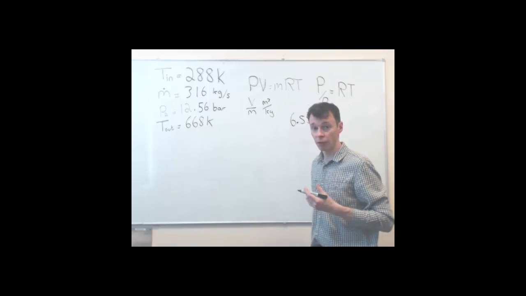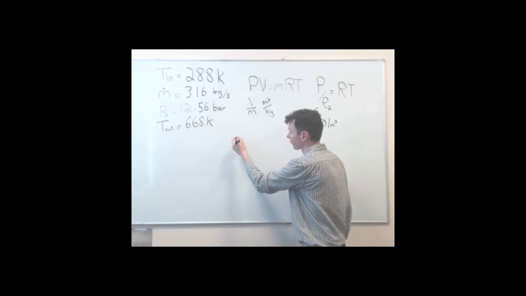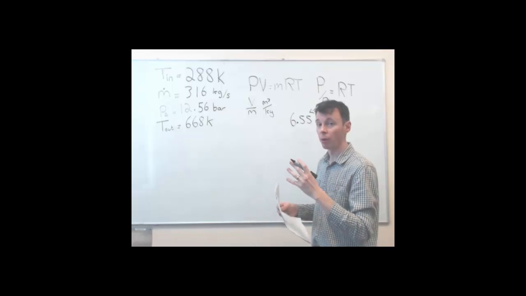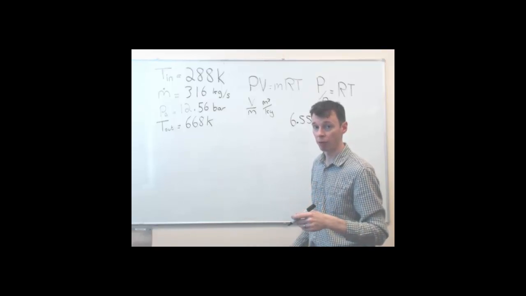Okay, find the velocity out. We've got the mass flow, we've been given the area, we've also got the density. You can combine them all up and you should be able to rearrange them to find an expression for the velocity.